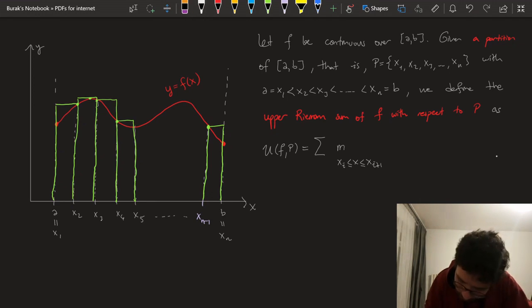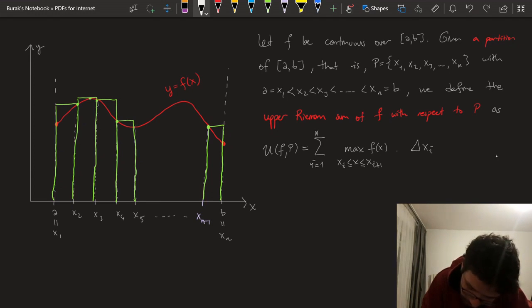Okay, and I'm going to multiply this by what I'm going to call delta xi. And i is going to change from 1 to n minus 1.